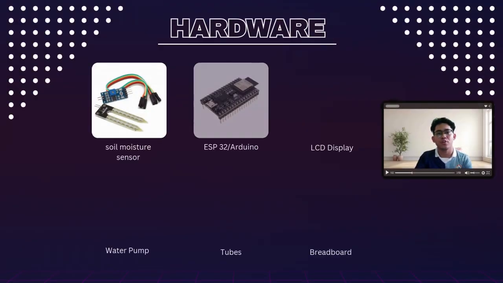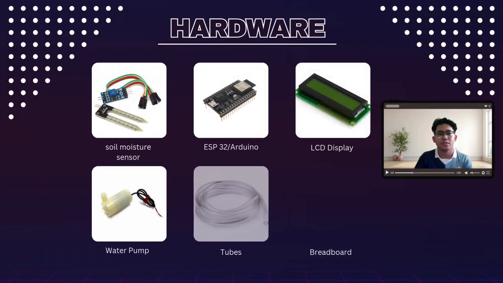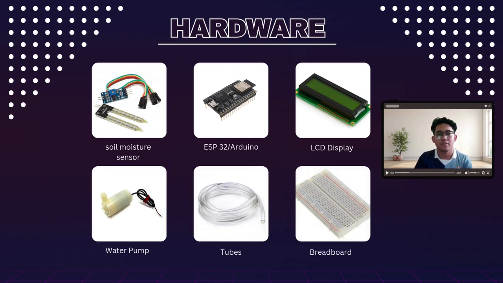To achieve these objectives, our system integrates several key hardware components. First, we have a soil moisture sensor, which measures the moisture level in the soil. Second, an ESP32 or Arduino microcontroller, which processes the sensor data and controls other components. Next, an LCD display shows real-time moisture level and system status.